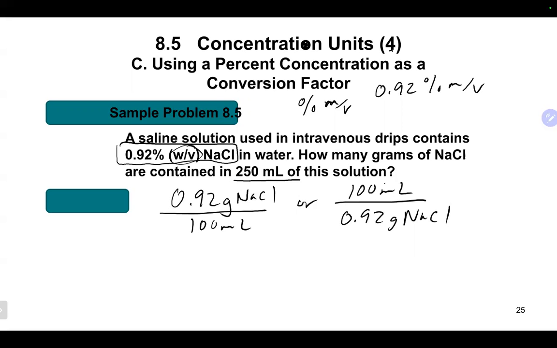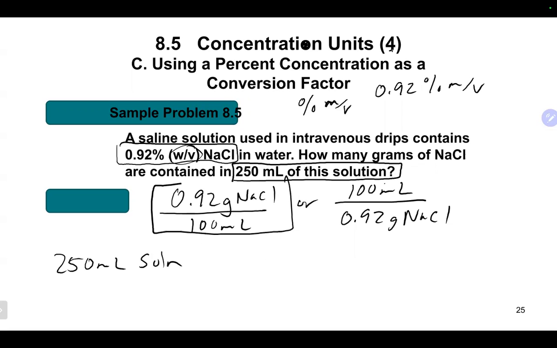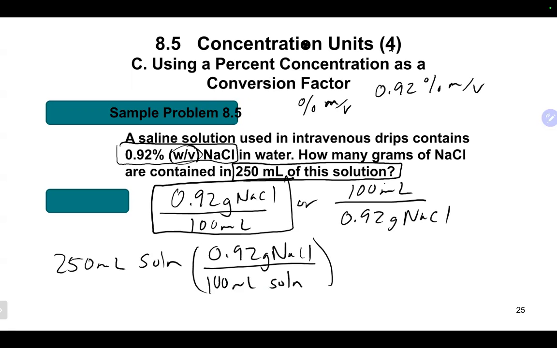And in this case, we are looking for how much is in 250 milliliters of solution. So 250 milliliters of solution, we would want to use the conversion factors such as this one here. And that would get us 0.92 grams of sodium chloride in 100 milliliters of solution. Milliliters of solution will cancel each other out.